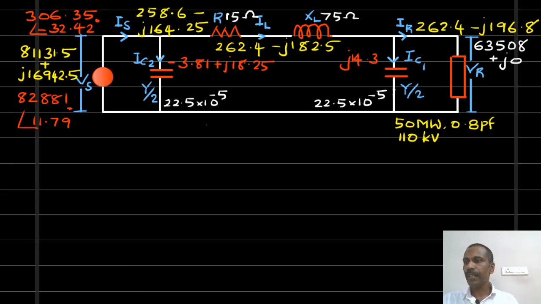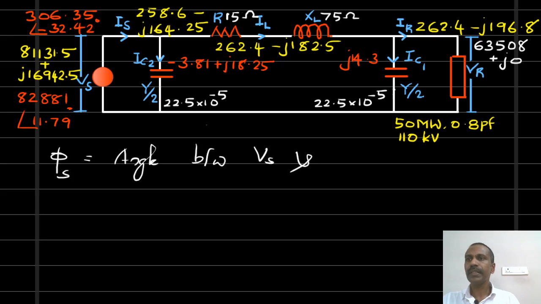Now we can easily find out the sending end power factor. Phi s is the angle between Vs and Is. Angle of Vs is 11.79 minus angle of Is, which is minus 32.42.